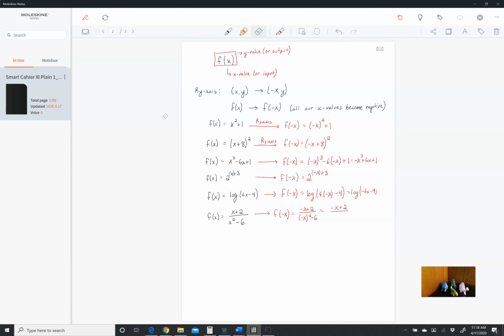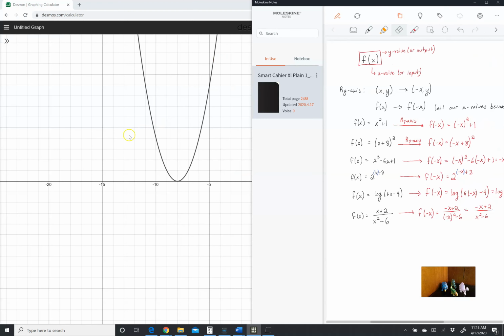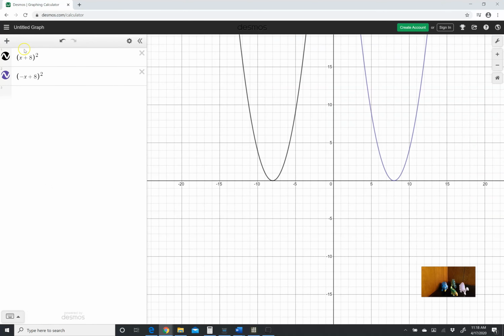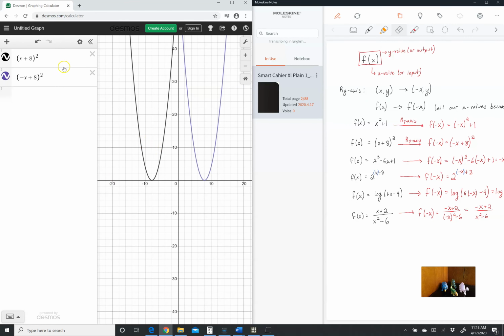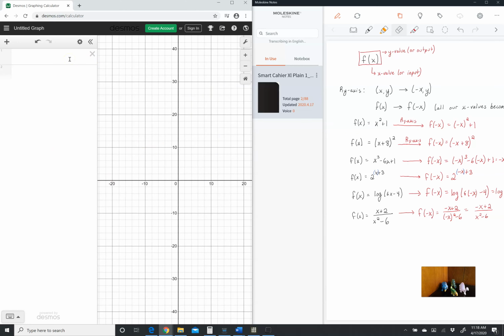Negative x squared is just x squared. Okay. And let's just graph some of these functions. Okay. So let's take, we won't do them all, but just so that you get some idea. Let's do 2 to the x plus 3.